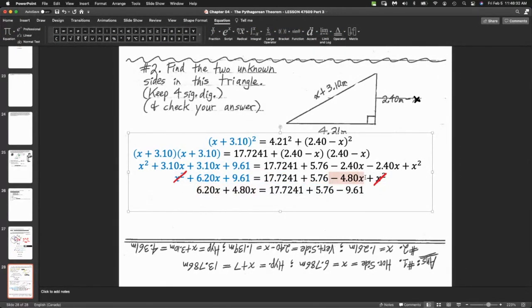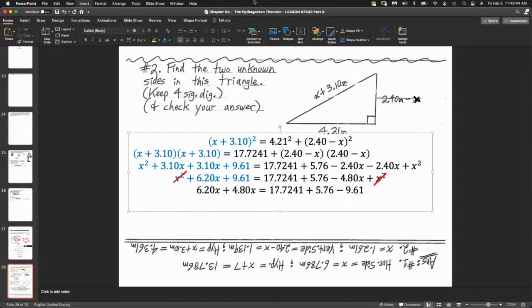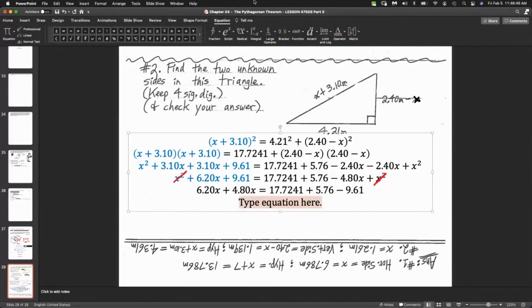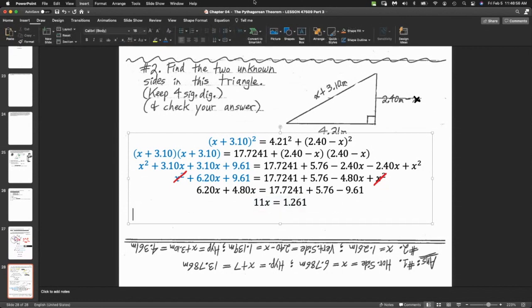So this negative 4.80 became positive 4.80. These guys stayed the same. But then this positive 9.61 went over here and became negative. And at that point, we're really close to the answer. We have 11x equals 1.261. Yeah, like terms on one side. Very good. Similar terms, if you prefer.